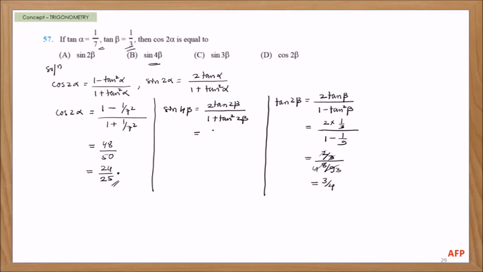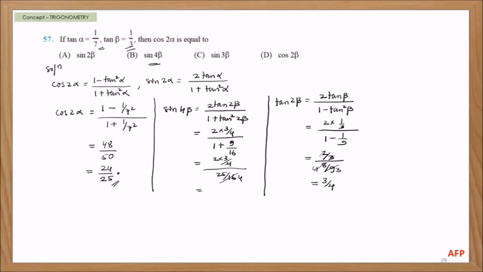So 3 by 4, if you substitute in this, 1 plus 9 by 16. So what are you getting? 2 into 3 by 4 whole divided by 25 by 16, 16 4 times you got.